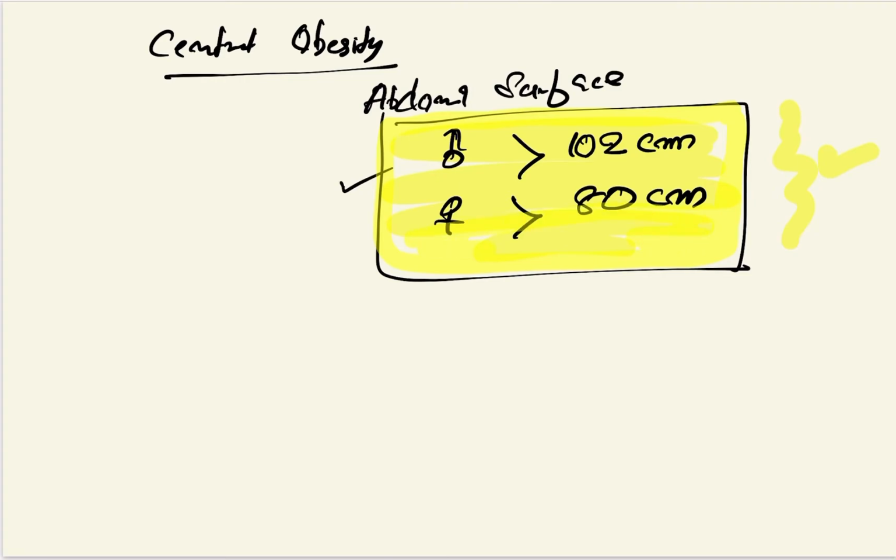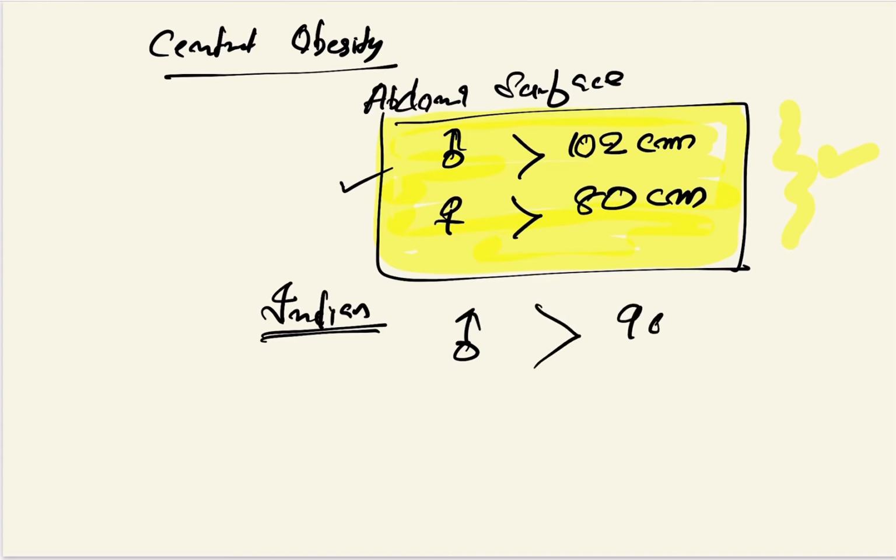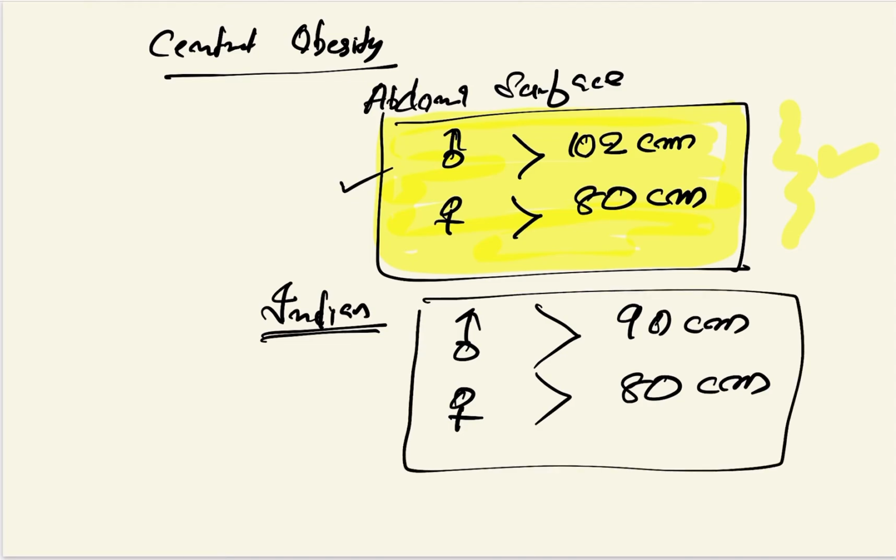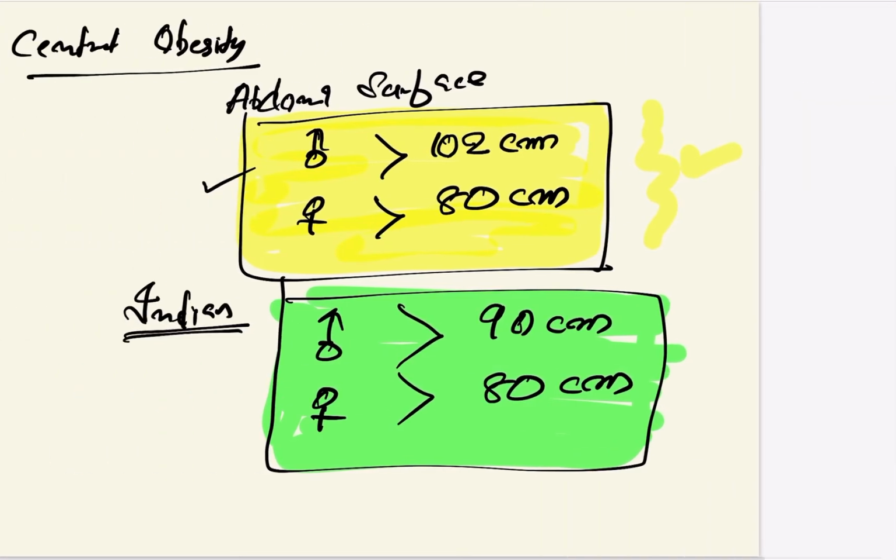So when considering the Indian perspective, if the central obesity in a male is above 90 centimeters, and in a female above 80 centimeters, then we consider this as central obesity. These are the normal values that we follow in India. So this is regarding central obesity.